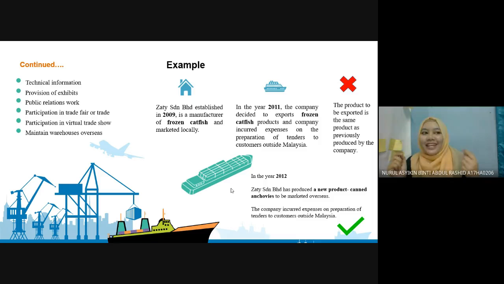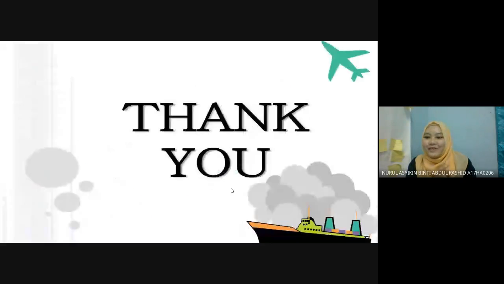So this company incurred expenses on preparing tender to customers outside Malaysia, and all the expenses incurred on the preparing of tender can be a further deduction under the net profit before tax. So I think that's all from me and from us. Thank you.